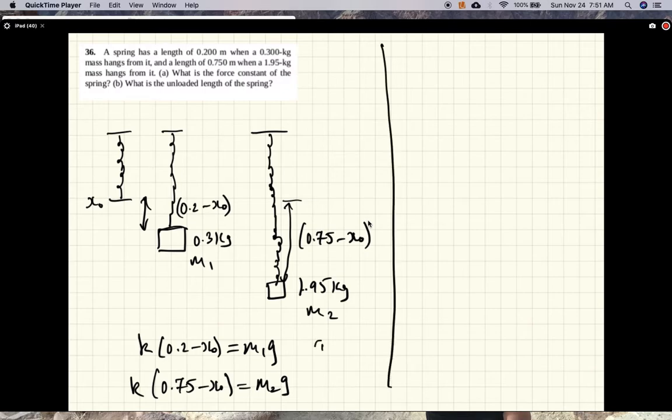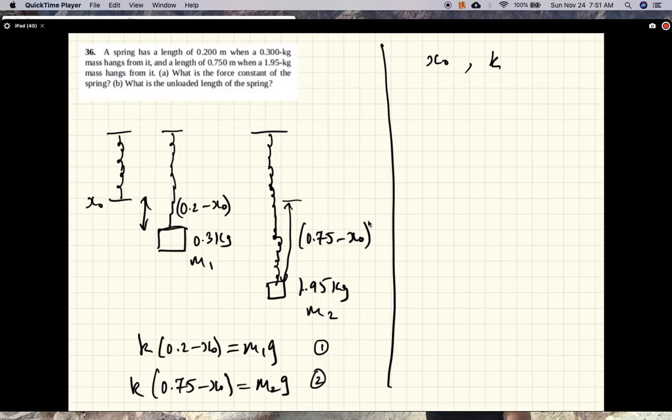Okay, so here are two equations, and the two unknowns we have to solve for are x naught, the unstretched length of the spring, and k. So to solve for x naught, here's what we can do.